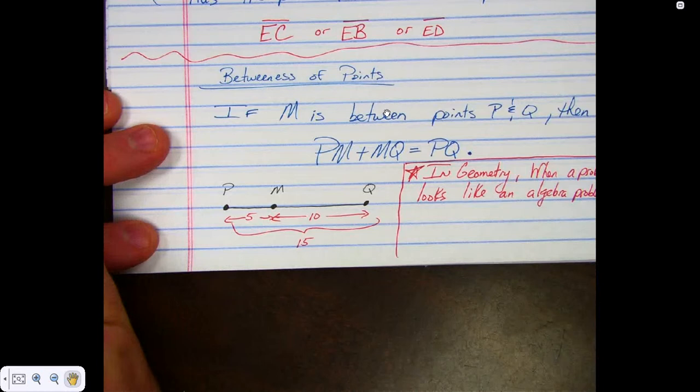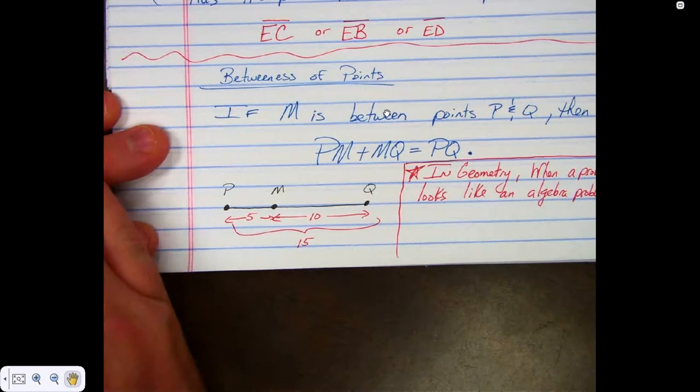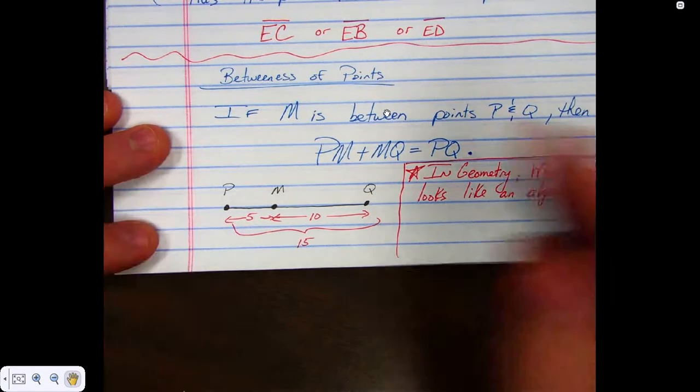What's the first thing you think of when you think of algebra? Letters, right? 3x, 3x plus 4, something like that. So that's what I mean when it looks like an algebra problem.